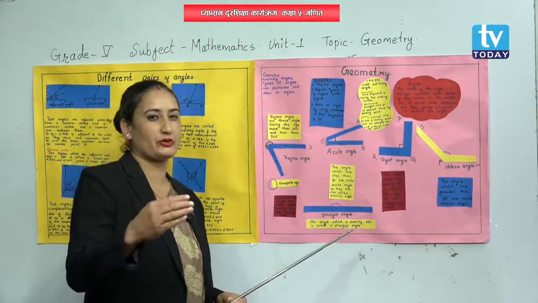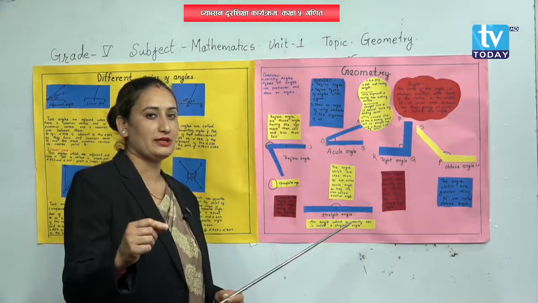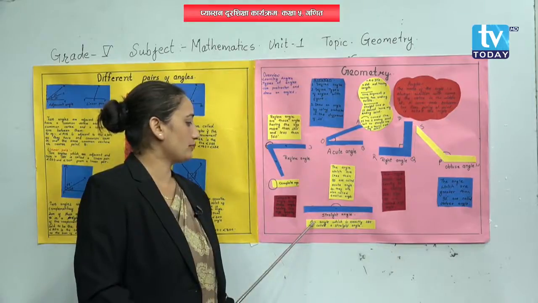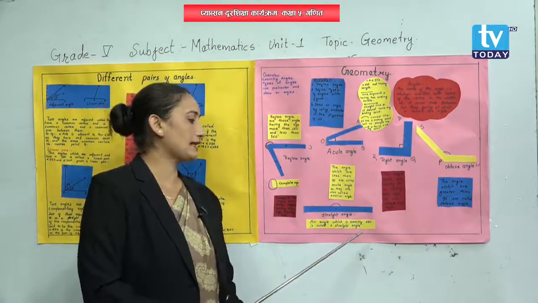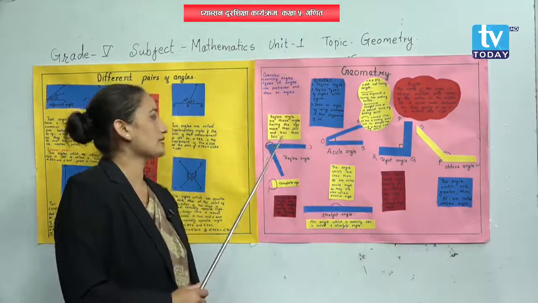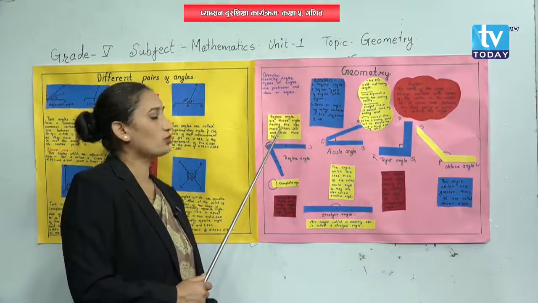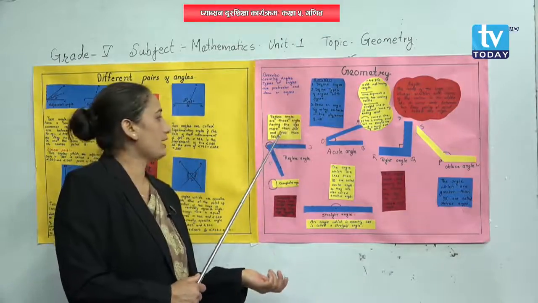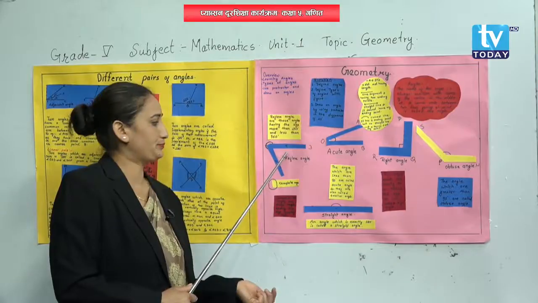I'm doing just a review, okay? Please listen to me. A straight angle is an angle which is exactly 180 degrees. Then reflex angles are those angles having a size more than 180 and less than 360.